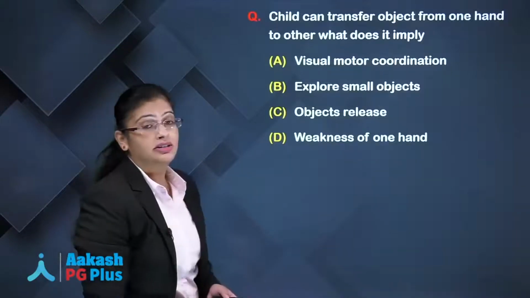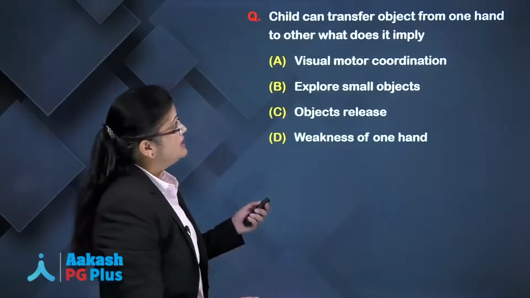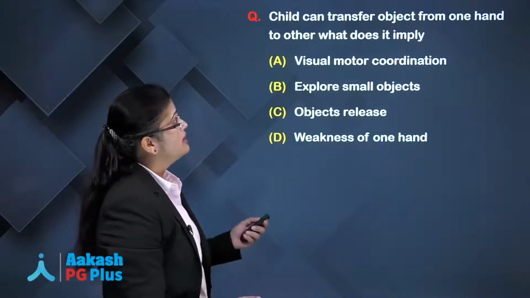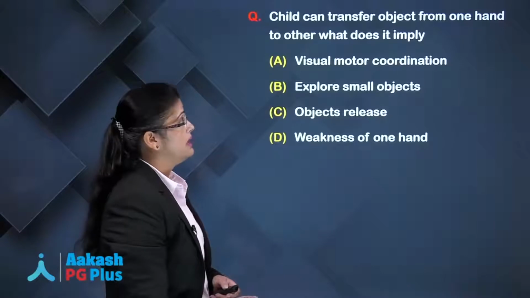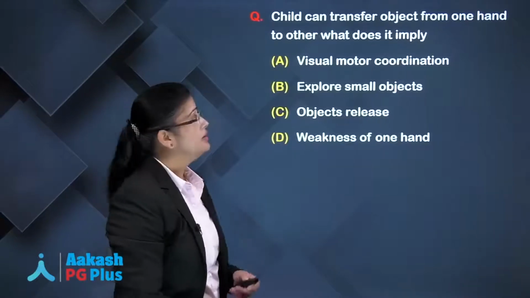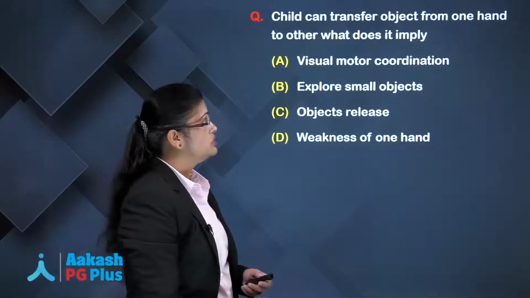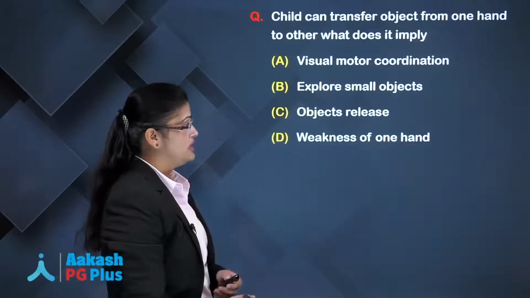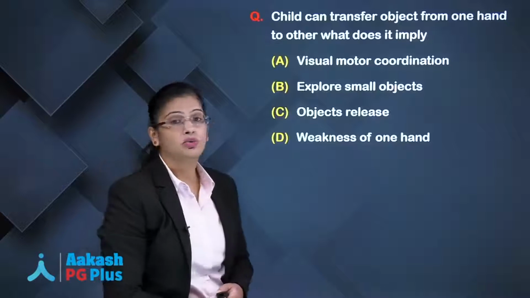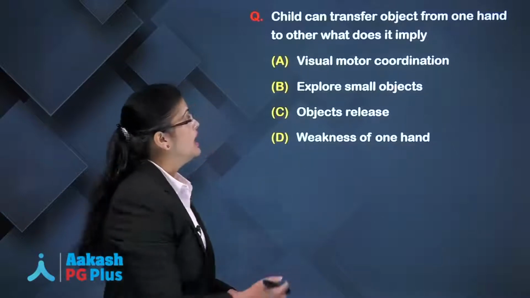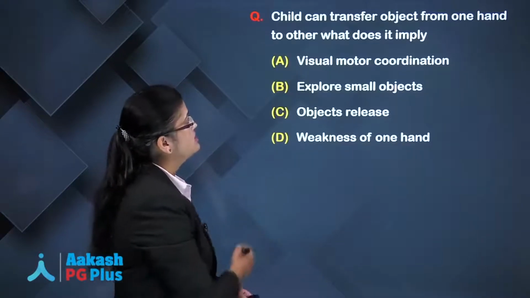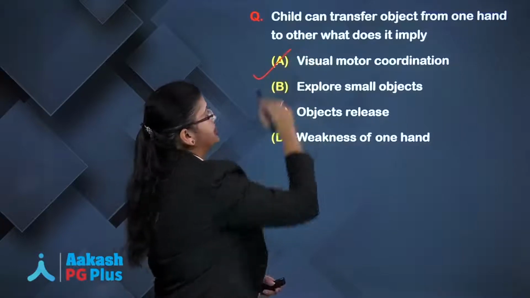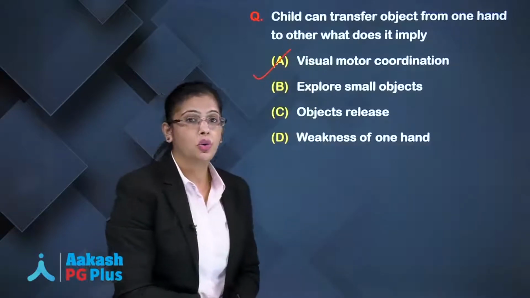Coming on to our next question. A child can transfer object from one hand to another. What does it imply? And your options are A. Visual motor coordination, B. Explores small objects, C. Object release, and D. Weakness of one hand. And the correct answer to this question is option A, that is visual motor coordination.